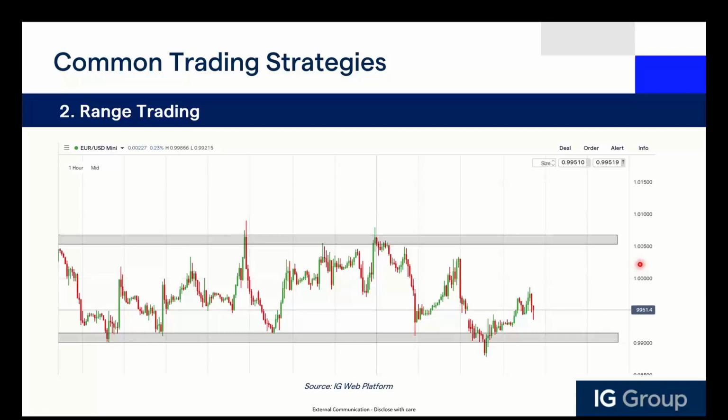Disadvantages of trend trading, sorry, not trend, for range trading will be that your upsides are always capped, right? So if your belief is that this range will hold and you're buying at support level, then the take profit is very obvious at the resistance level, and you can't really get a very good amount of profit as compared to trend trading.